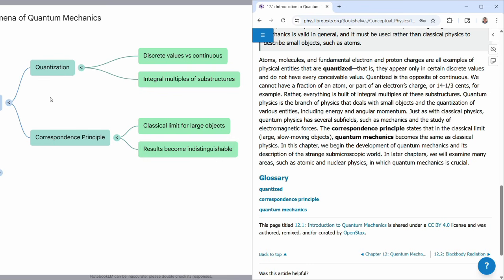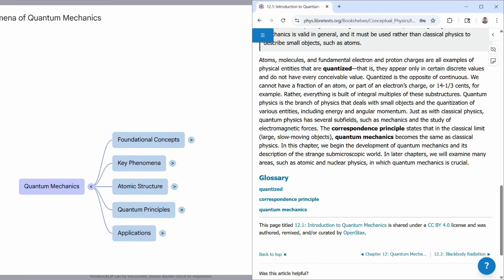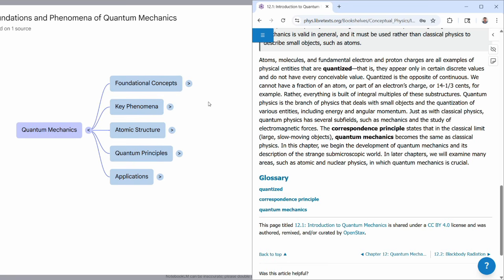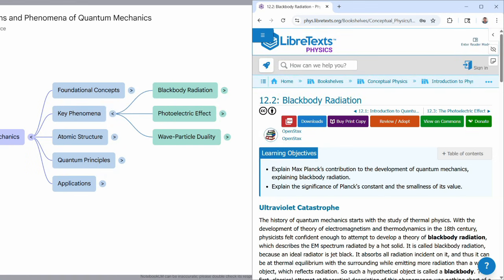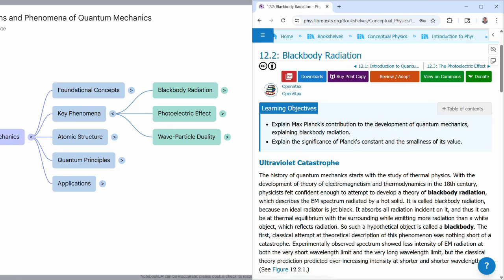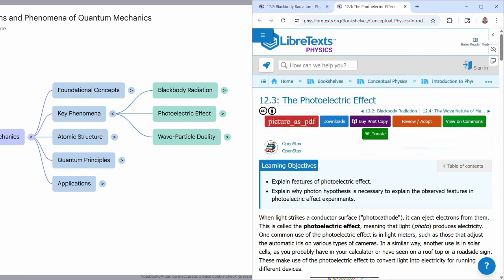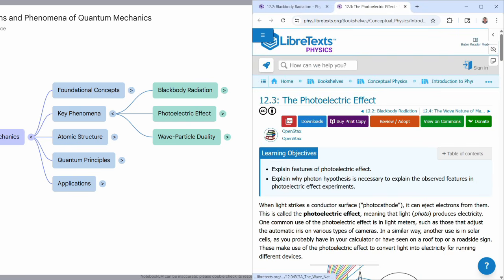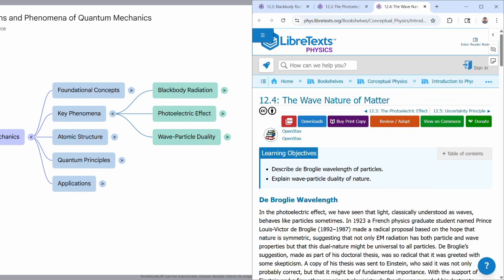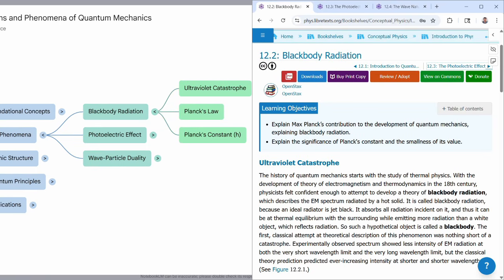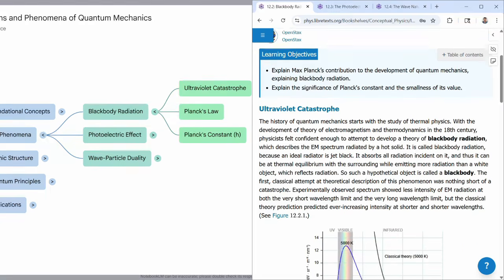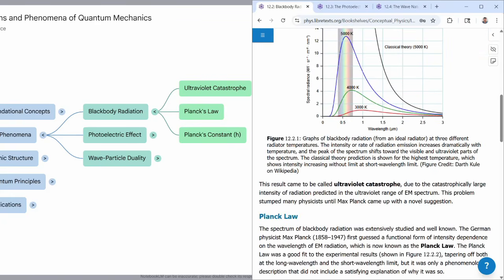Both in the textbook and in the lectures, we'll start by covering the key phenomena, which are, as covered in the textbook, the blackbody radiation, covered in section 12.2, the photoelectric effect, covered in section 12.3, and wave-particle duality, covered in section 12.4, the wave nature of matter. So the lectures will cover the details of these phenomena. Let me just highlight one most important thing out of each phenomenon.